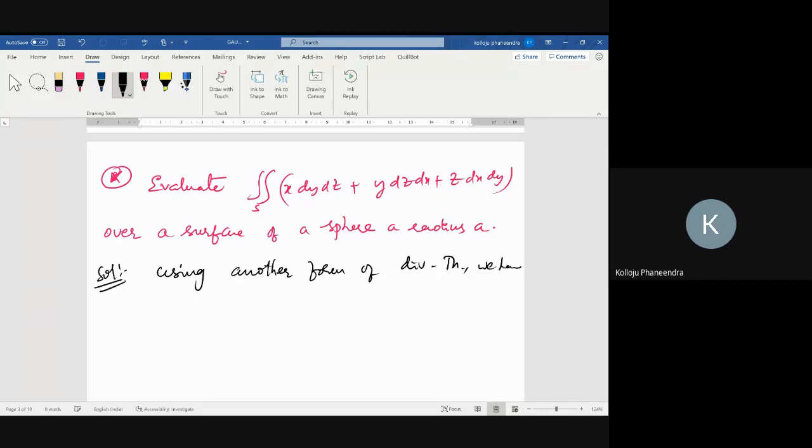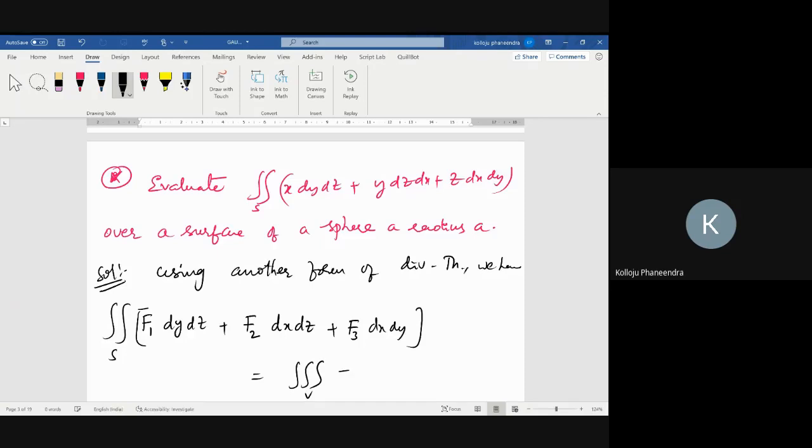The double integral over S of f1 dy dz plus f2 dz dx plus f3 dx dy, where f1 stands for the i component, the x direction, is also equal to the triple integral over V of del dot f bar dV.